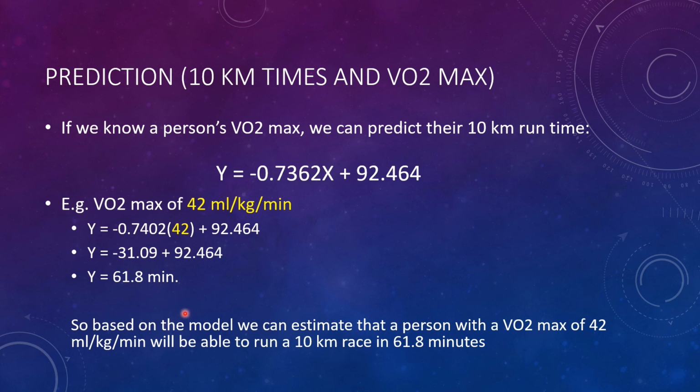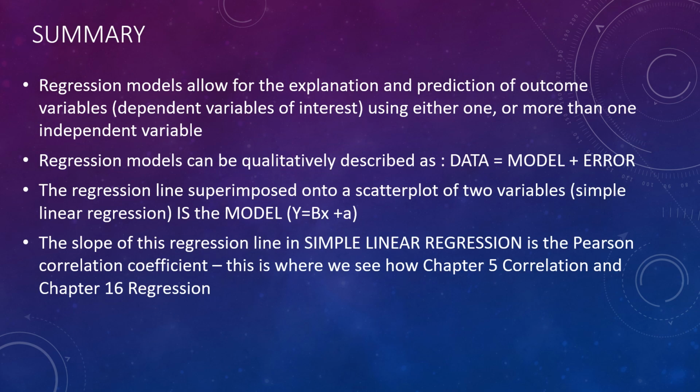Now, if this person ran a 10K time in 75 minutes, well, that's either chalk it up to a bad day, the person might have had the stomach flu, or maybe we need to go back to the drawing board, or VO2 is just simply not powerful enough. And so this is what I mean by validating models. You actually have to take them and run them in the real world to see if they actually work.